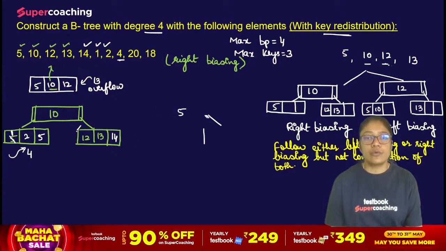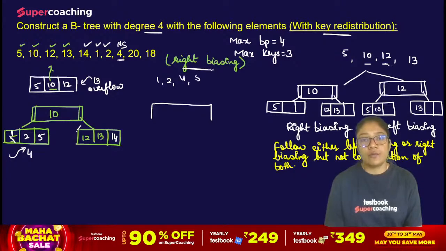Here we have to go for node splitting because maximum keys you can have are 3. So the node will be split on the basis of 1, 2, 4, 5. What did we follow? Right biasing. So this means that splitting will be taking place on the basis of 2. We want more elements on the right hand side, so we'll be doing the splitting on the basis of the key 2.